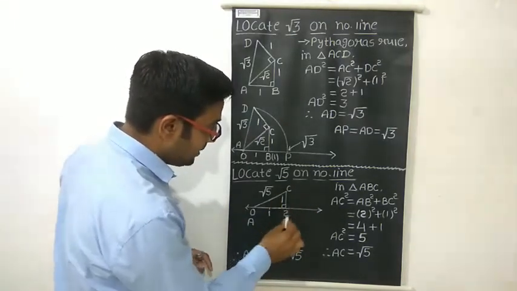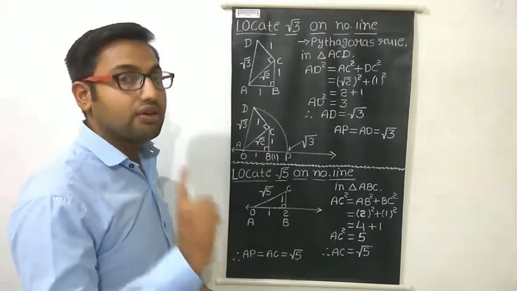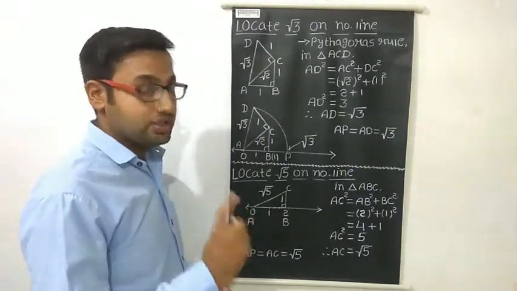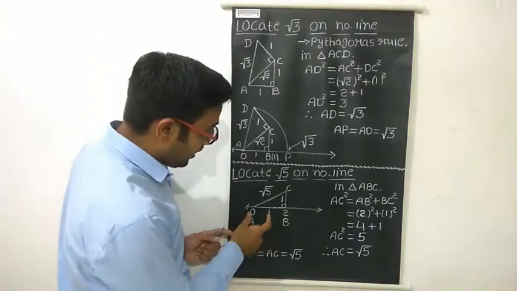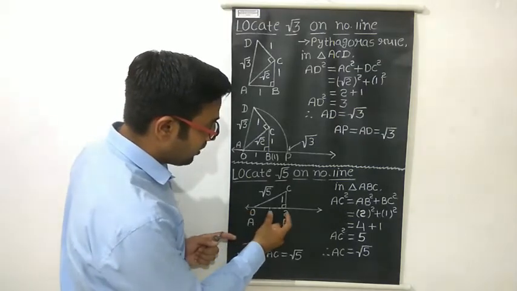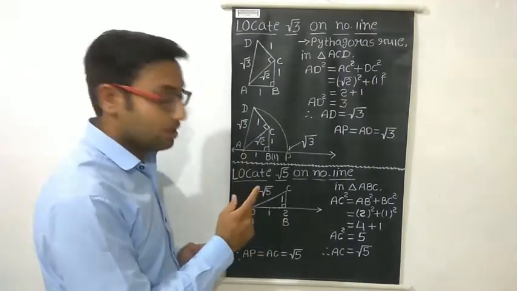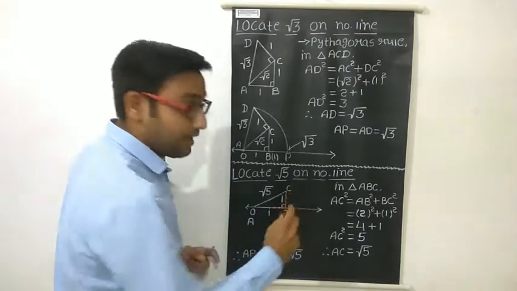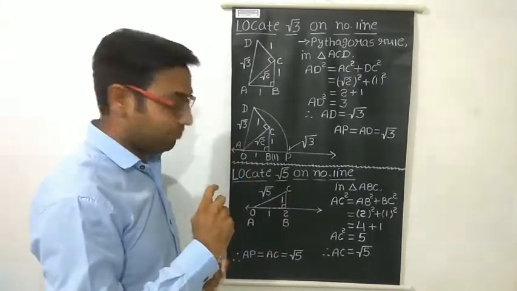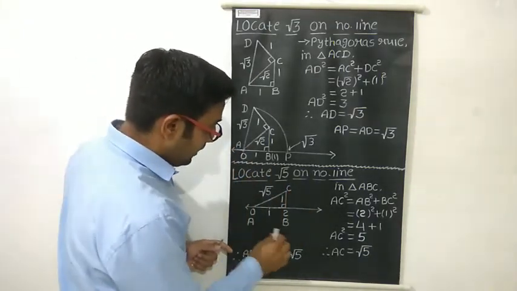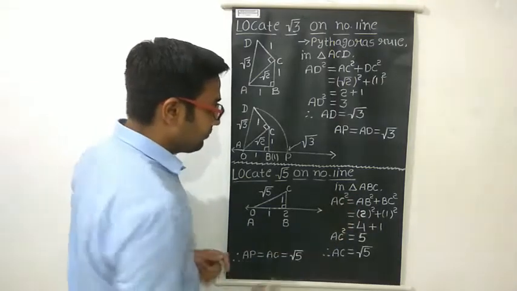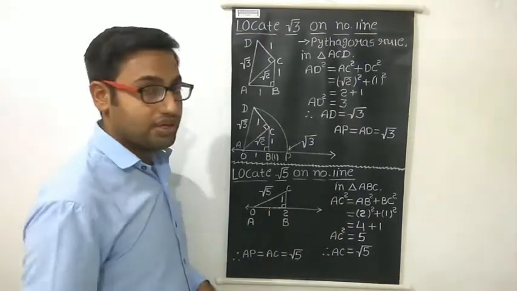But now this BC we have to take is only 1 centimeter or 1 inch. As you have taken 1 inch and 1 inch, total 2 inch, this you have to take as 1 inch only, right? So again, this is a right angle triangle ABC, so AC is the hypotenuse.